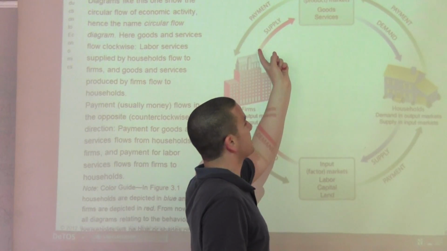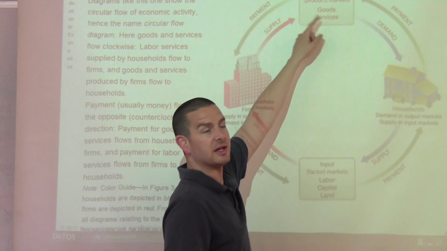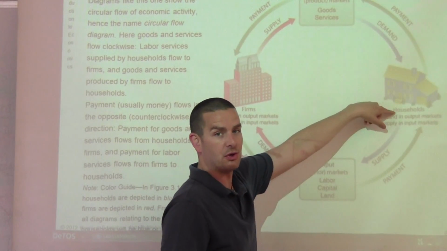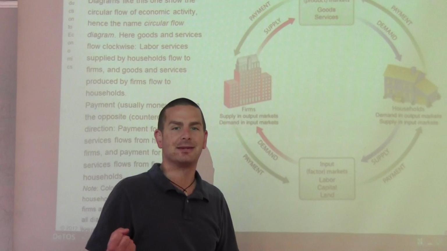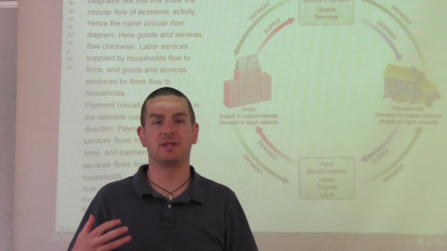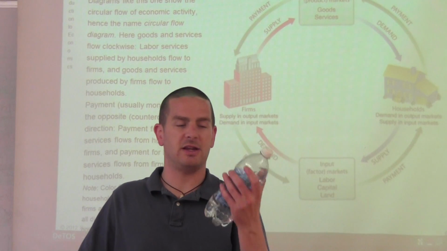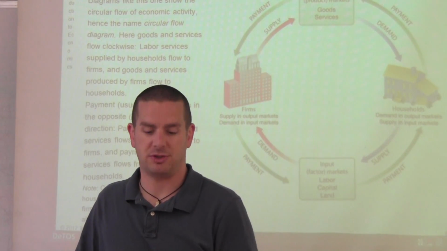So firms supply their goods in output markets to households. Households demand those goods and services, right? Households need architects, they need bottles of water, they need cars.